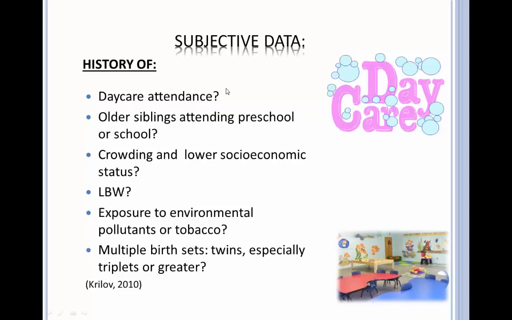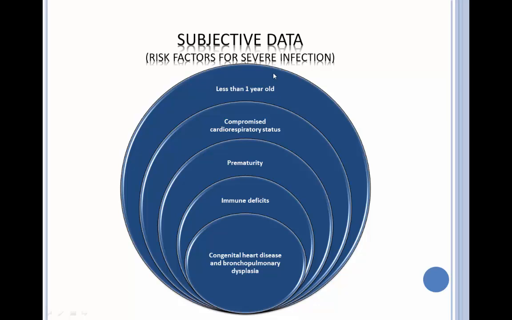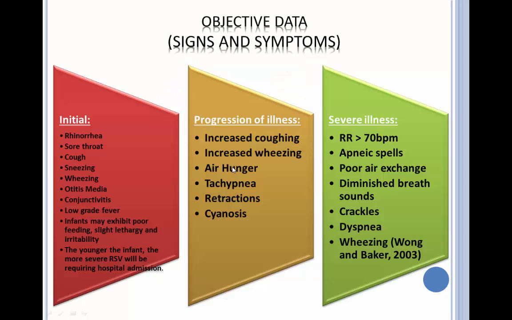Be attentive if the patient is in daycare, if they have other siblings attending preschool or school, because it's very common there, any crowding condition or low socioeconomic status, any low birth weight, any exposure to tobacco from parents. So if you're less than 1 year of age, if you have compromised cardiorespiratory status, if you're premature, if you have immunodeficiency or any congenital heart disease such as bronchopulmonary dysplasia, these are risk factors for severe infection.